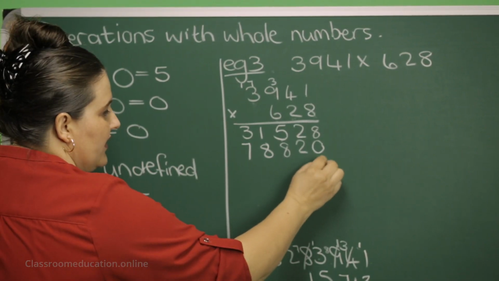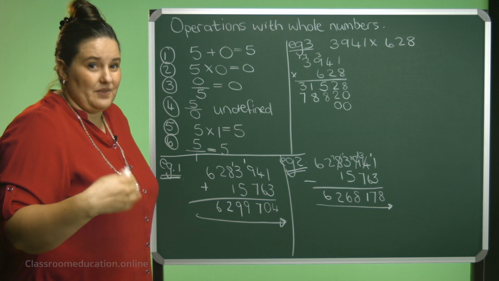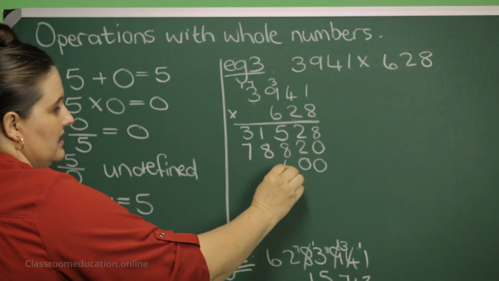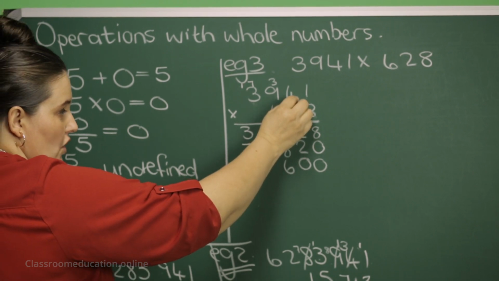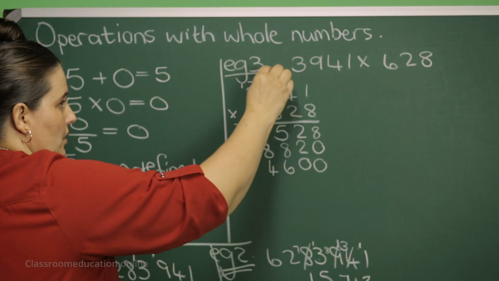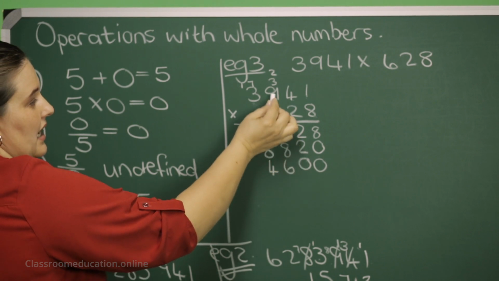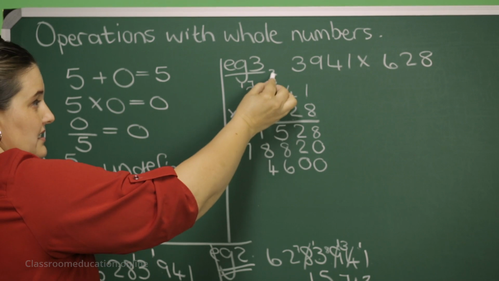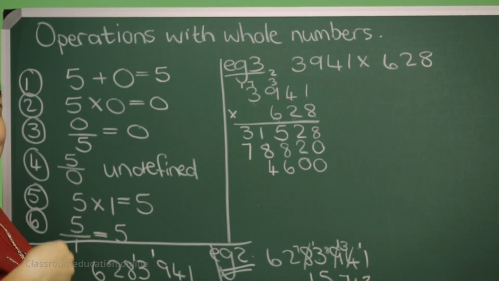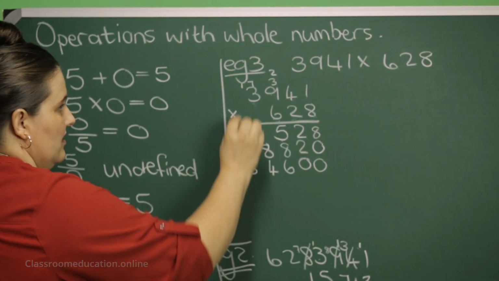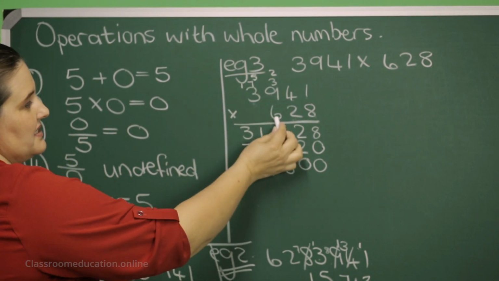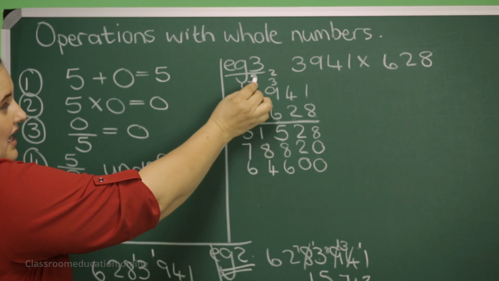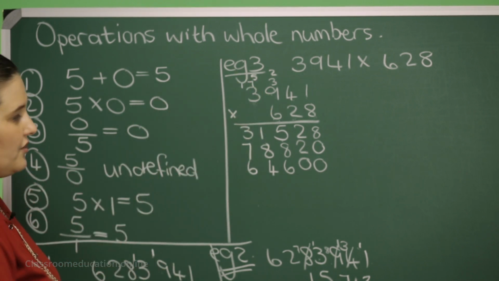So we put 2 zeros to show that we are multiplying with the 600. 6 times 1 is 6. 6 times 4 is 24. 6 times 9 is 54, plus the 2 is 56. 6 times 3 is 18, plus that 5 is 23.